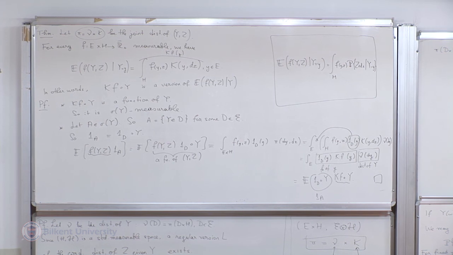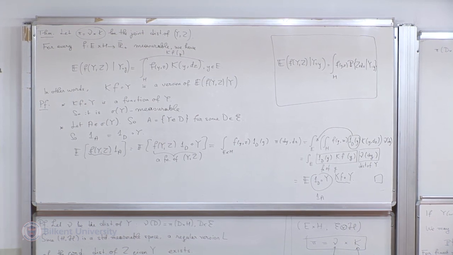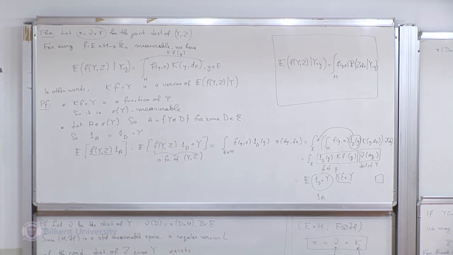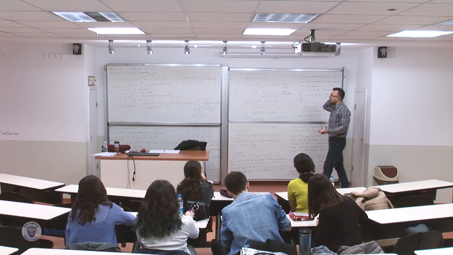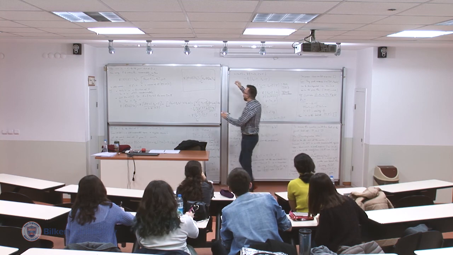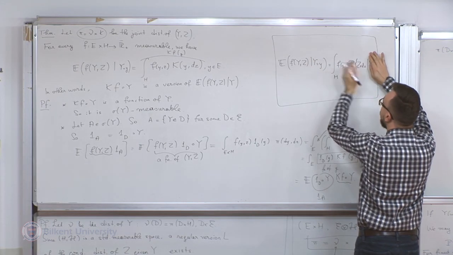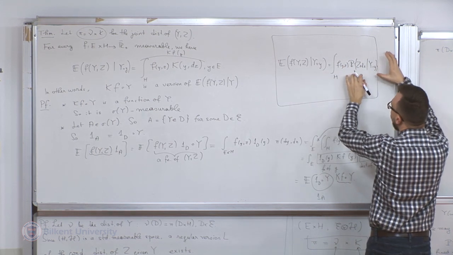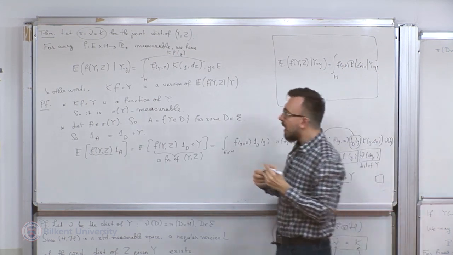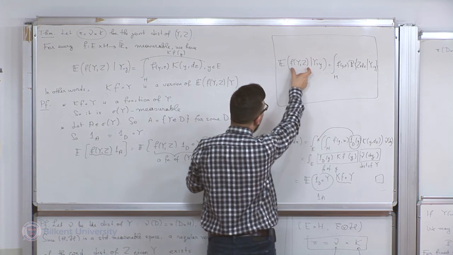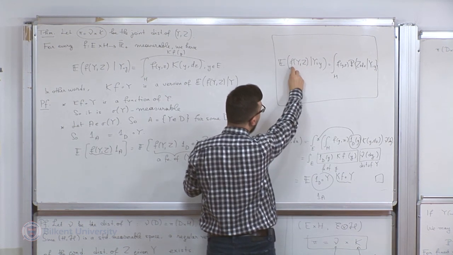So in other words, conditional expectation can be calculated by integrating the function with respect to the conditional distribution, right? Just like we calculate usual expectations as integrals with respect to distributions, now we do it with conditional distributions. And you can even allow for dependence on y in this function.